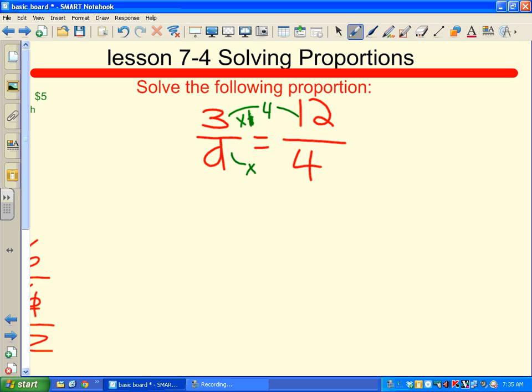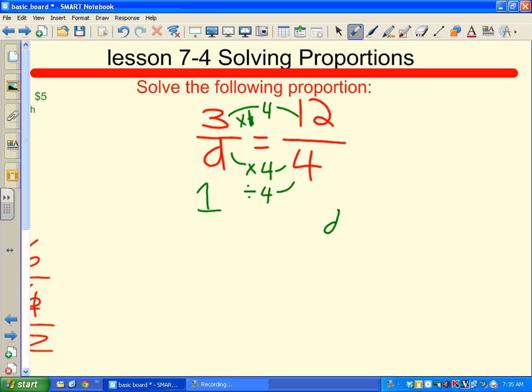So I also have to do times 4 on the bottom. But wait a minute. Some number times 4 gives me 4. Well, if I try multiplying that, it's not going to work. So I'm going to go the other way. And instead of multiplying, I have to divide by 4 to get D. And 4 divided by 4 is 1.